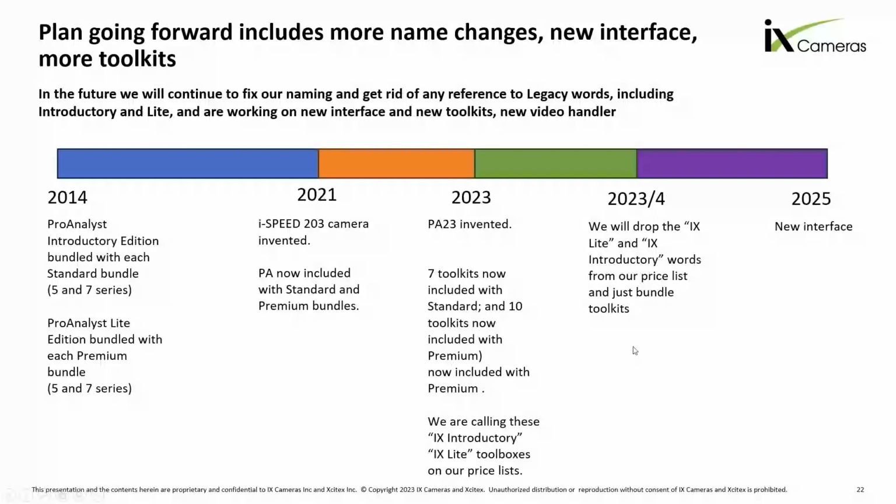And then in the future, probably later this year, hopefully, that's something Nick and I will be working on, we're going to drop the IX Lite and IX intro naming, so that we're just talking about toolboxes. We want to get away from editions. We want to get away from the use of the word light and intro, and that's evolutionary for us. But today we're still using it.